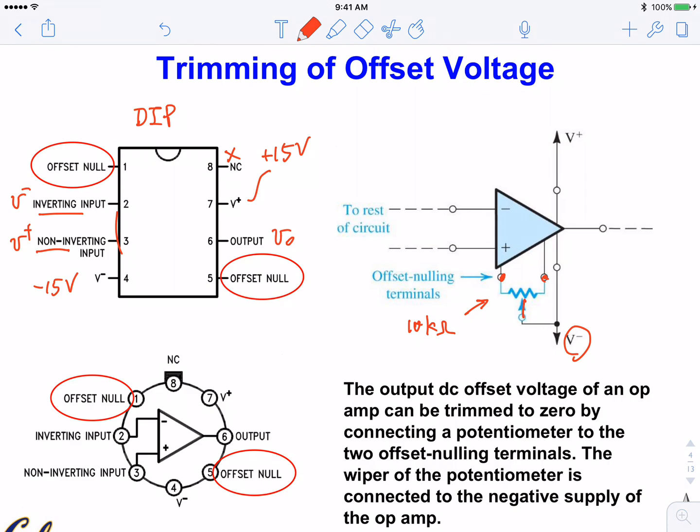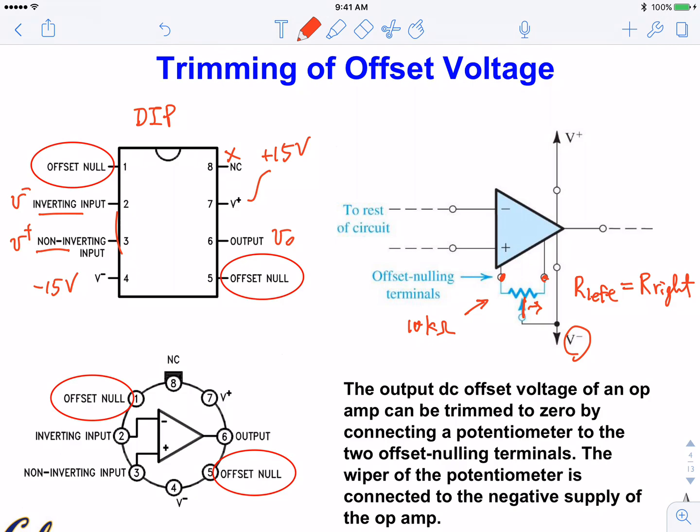If this terminal is exactly in the middle, the left part is the same as the right part. In the case of no non-ideality, you will have R left equal to R right. Now, in the case of the offset shown in the previous slide, you will need to send slightly more current in one of the biasing circuits. So you will move this slightly to one side to neutralize the offset.